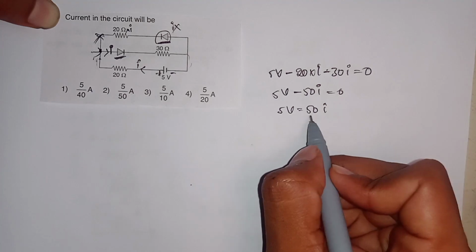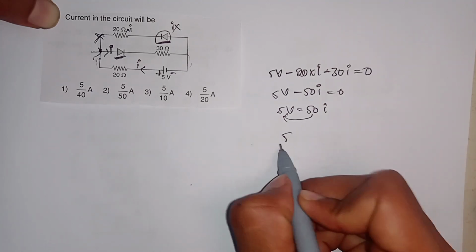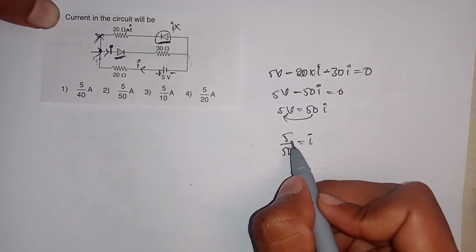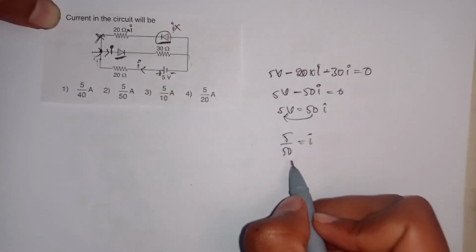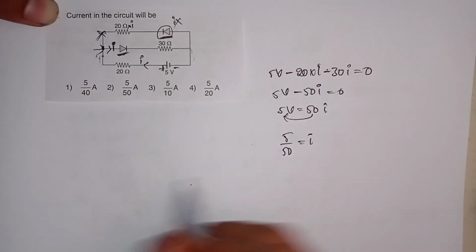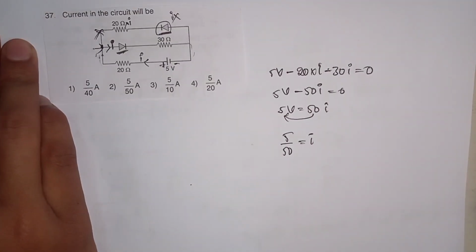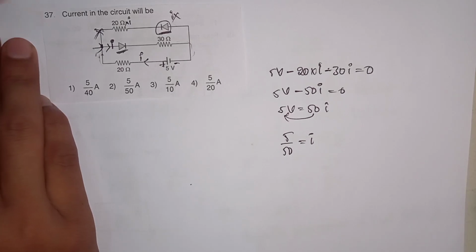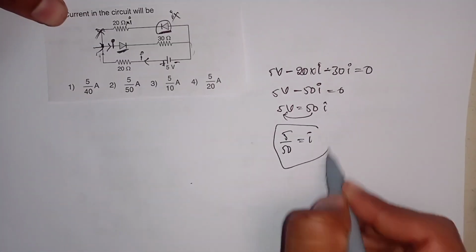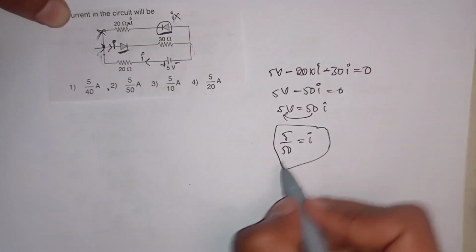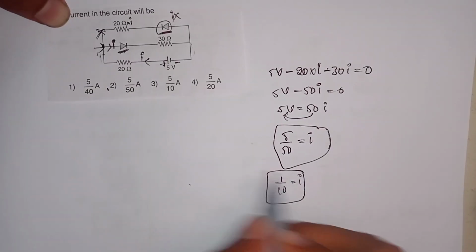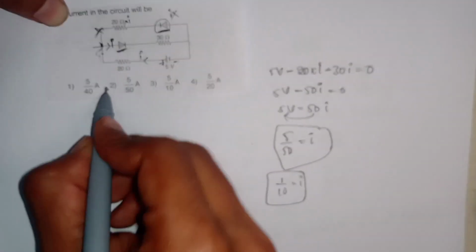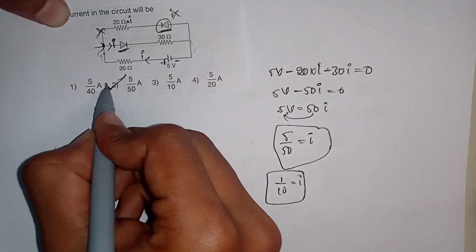Take the 50 below, that is 5 by 50 is equal to I. Which option? 5 by 50 is the answer. We could put that as 1 by 10, but in the options they stop at 5 by 50 only, so we can put this answer.